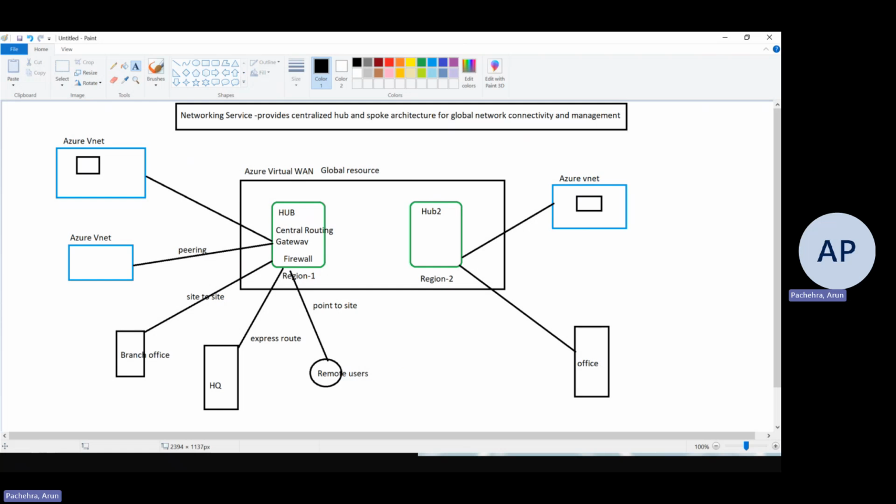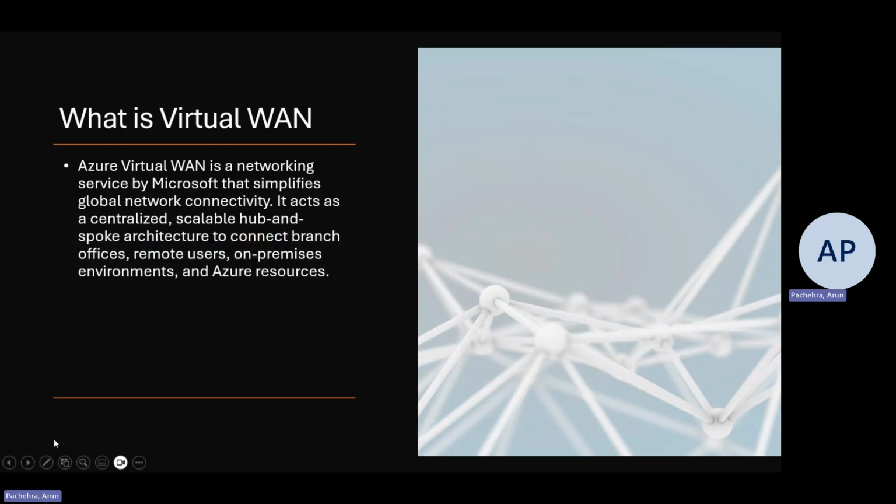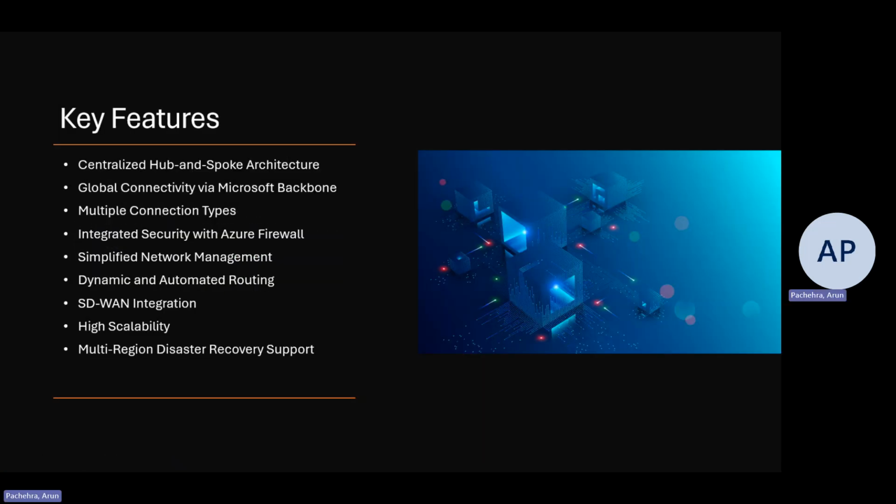All right, so now I think we have a pretty decent idea of what we are talking about. Now let's get back to the slides. We understood the WAN. Now let's understand the key features of virtual WAN.